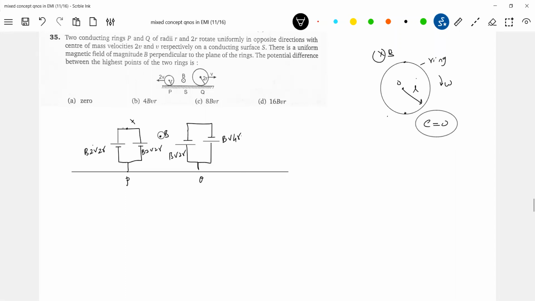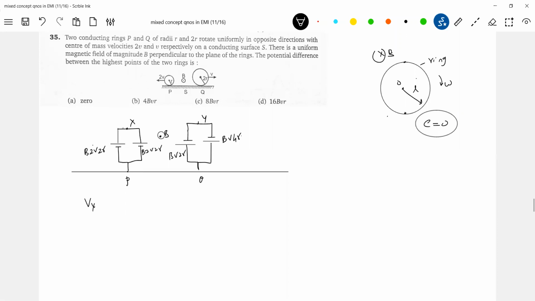It's asking the potential difference from X to Y. So let me proceed like this. Vx, is the polarity okay? How to decide polarity? B bar, velocity. B bar out of the plane. I think first the left rod I'm bringing polarity. B bar out of the plane, velocity. So this end should be positive.